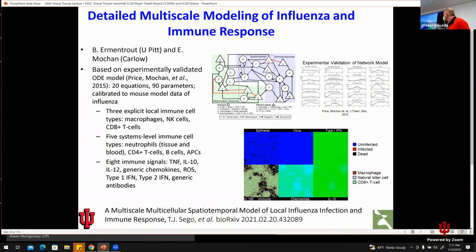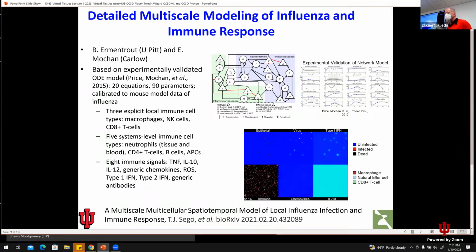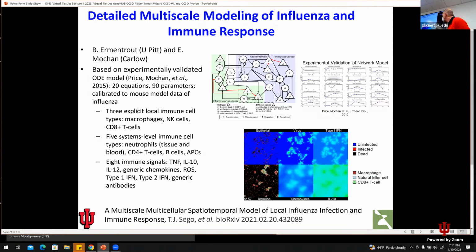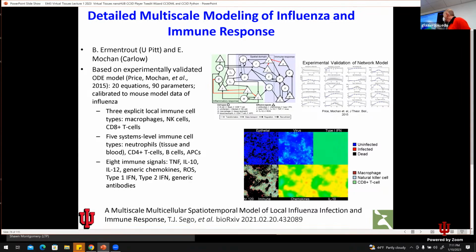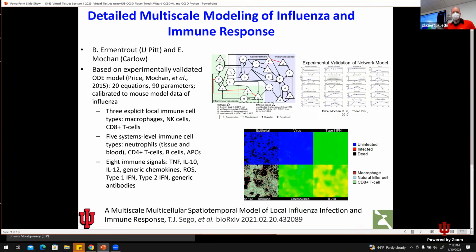Later on, there are additional chemokines that pull in immune cells, both the innate immune cells like natural killer cells, and then later on the adaptive immune cells like CD4 and CD8 plus T cells. IL-10 comes in at the end and turns off the immune response.